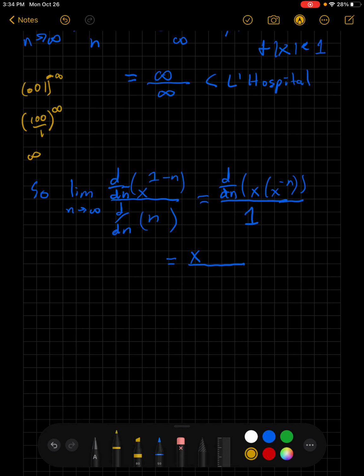Think of it this way: the derivative of a to the x is equal to a to the x times the ln of a. That's one of our early derivative rules. And so I apply that here to different variables. I have the derivative of x to the n is going to be x to the n, but we keep the negative, times the natural log of x.